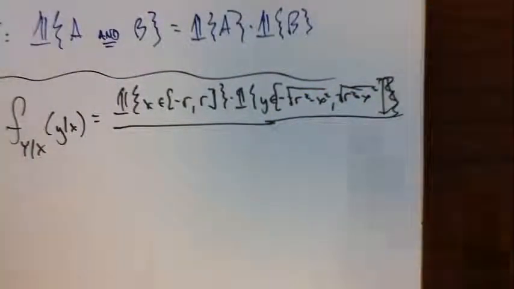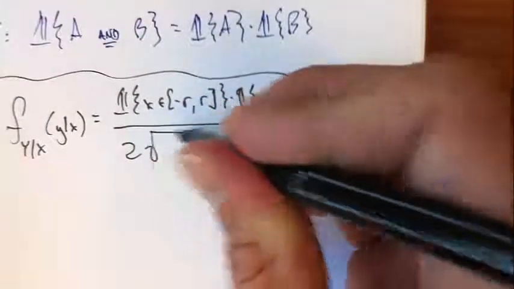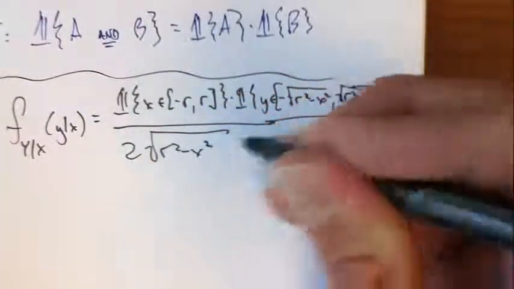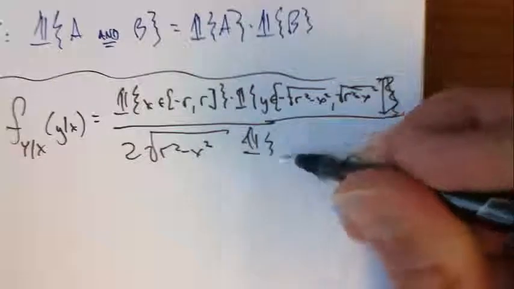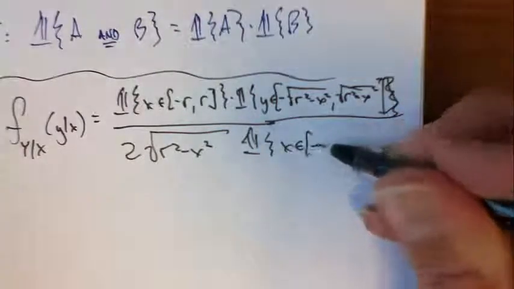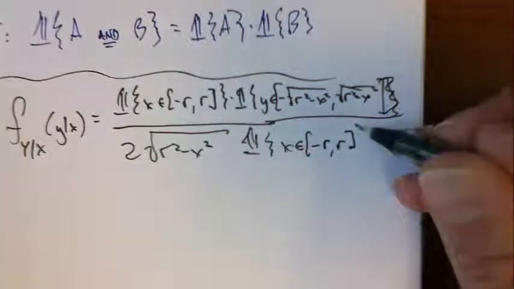Okay, all over 2 root r squared minus x squared times the indicator that x is between negative r and r.